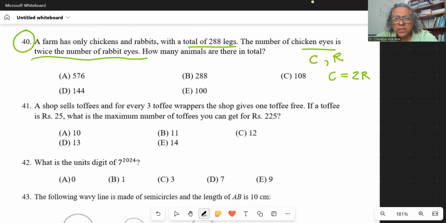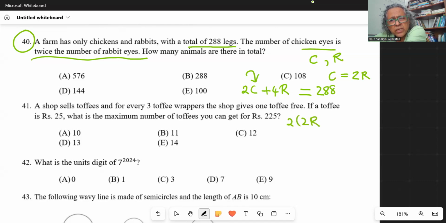And then, since chickens have 2 legs, right, and rabbits have 4 legs, right? So these are total number of legs, and that is 288, right? But instead of this, because the number of chickens is same as twice the number of rabbits, we can actually write like this, right?